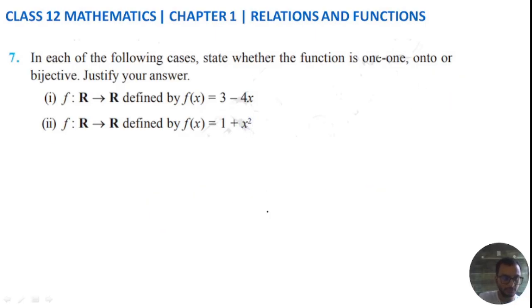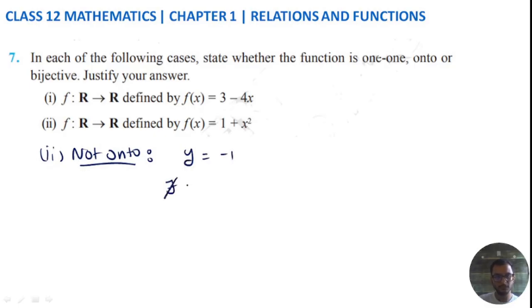Now let's show it is not onto. We need to find one point from the codomain whose pre-image does not exist. So take y equals minus 1.